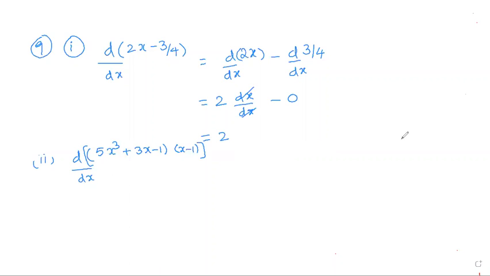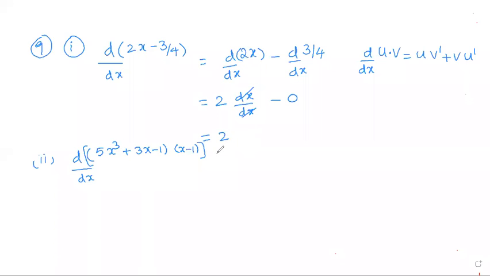Now it is in the form of d by dx of u into v. That method we can use, or multiplication we can do. Any method we can do. u silent, v dash means derivative of v, v silent, u dash means derivative of u. Or x minus 1 multiplied with 5x cube plus 3x minus 1 and then separating, you can write any method.